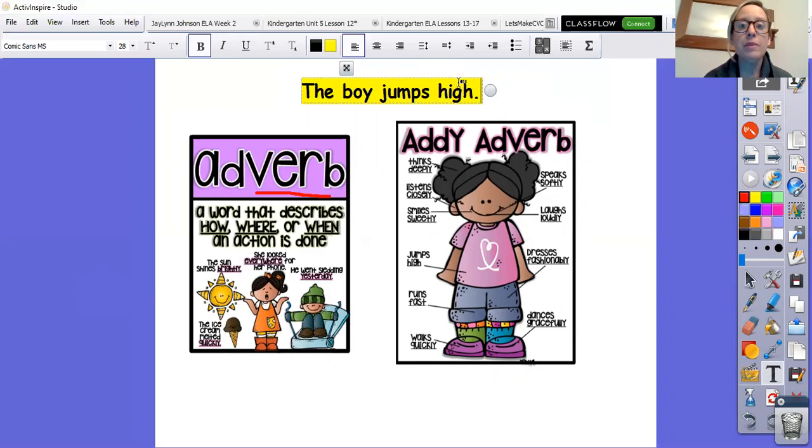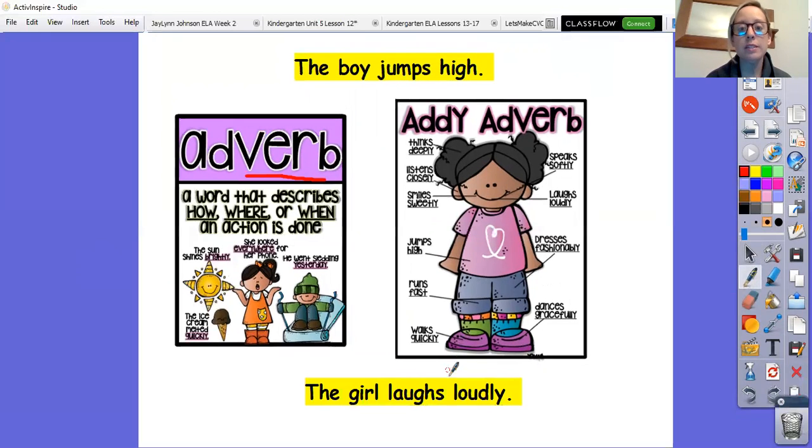So what describes how he jumps? He jumps high, okay? Or I could say, how about the girl laughs loudly, okay? So again, in these instances, it's describing the doing, right?